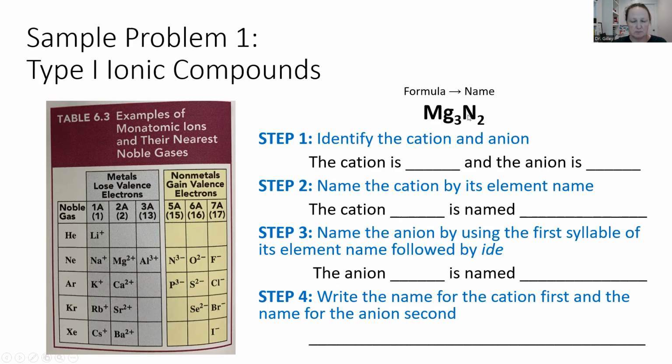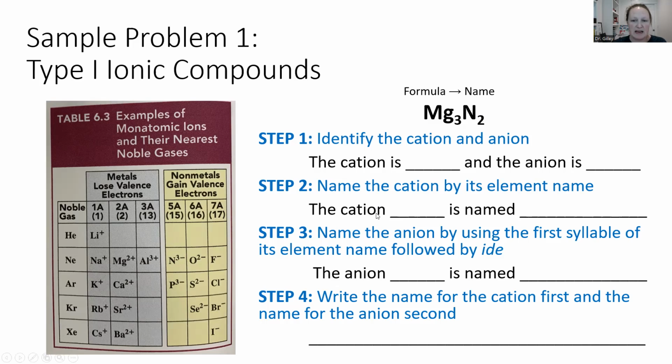Nitrogen will form nitride, and nitrogen is in group 5A, which tends to form a 3- anion. So it's N3-. So we need to identify the cation and the anion, and then determine the name based on the cation and the anion.